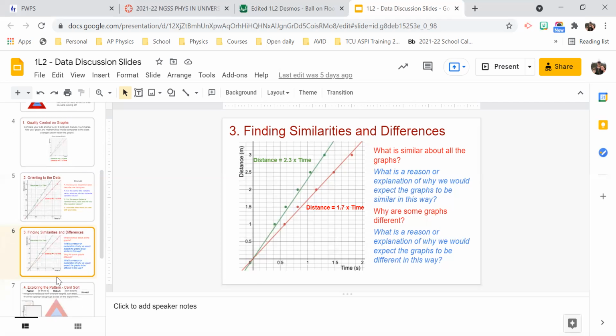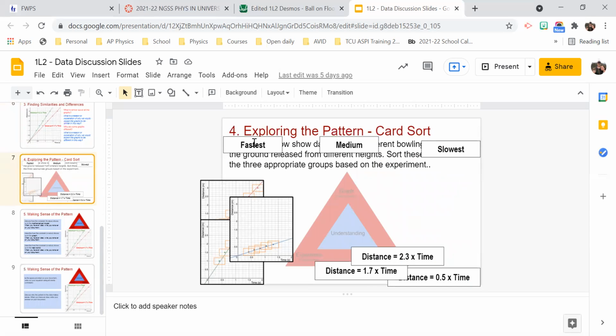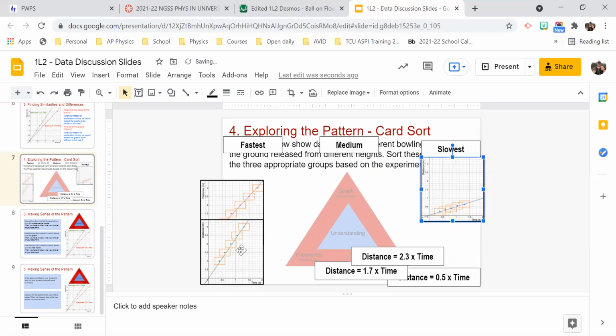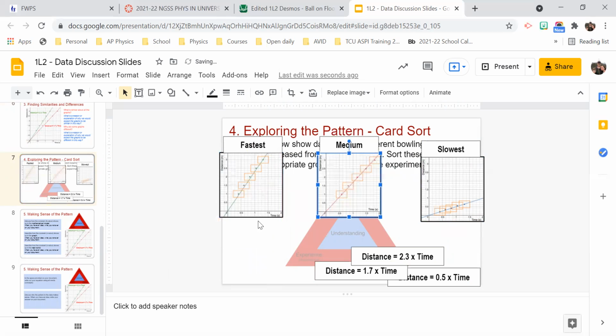All right. Let's continue and look at this one together. So the fastest is going to be the one that covers the greatest distance in the same amount of time. So for the fastest, I want the one with the greatest slope. And I do believe that that one is it.